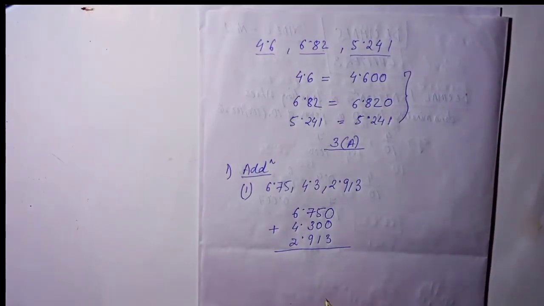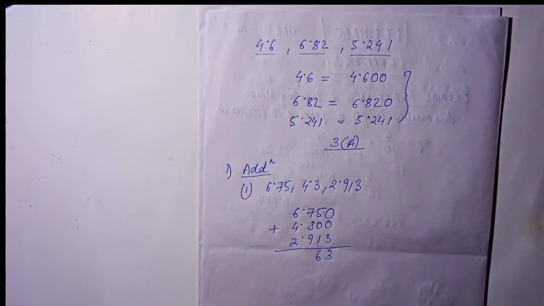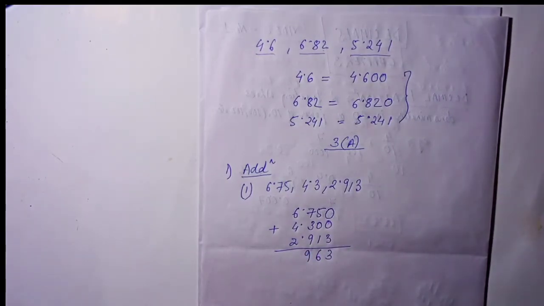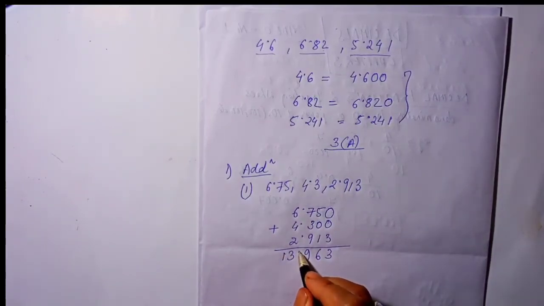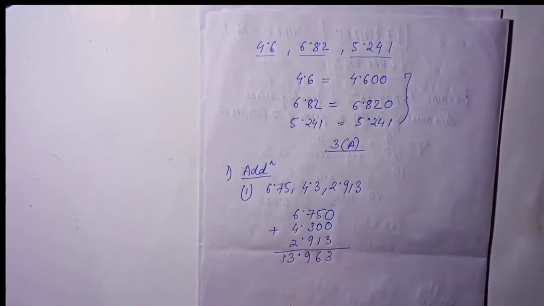This is coming 3, this is coming 6, this is coming 9, this is coming 30. What is the answer? 13.963.